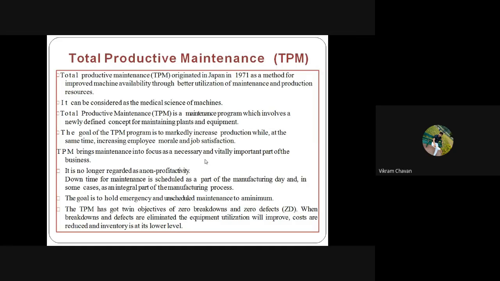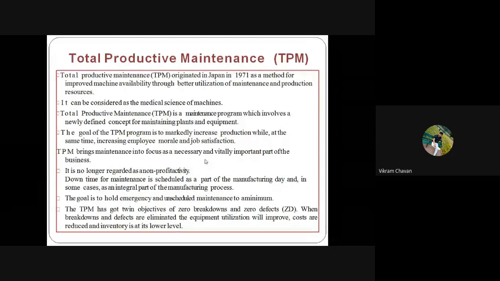It is no longer regarded as a non-profit activity. We can say that maintenance will not provide you any kind of money, or it will not add any kind of value. That is the first impression of a maintenance department. But this is the activity which will increase the profit of industry.